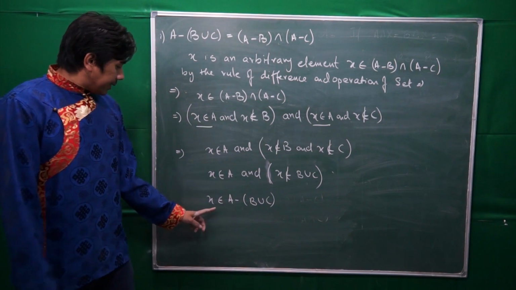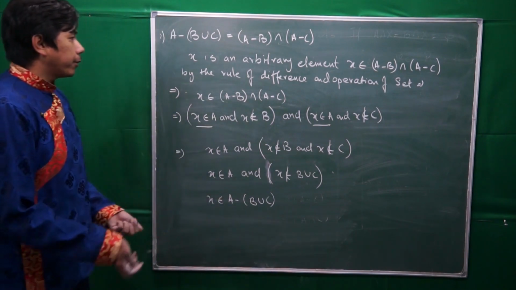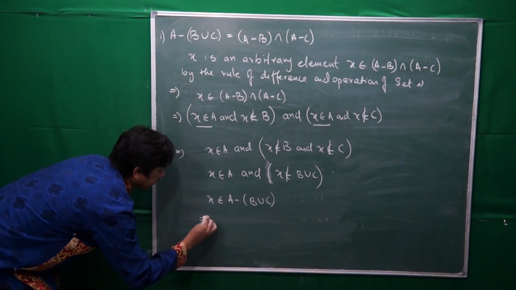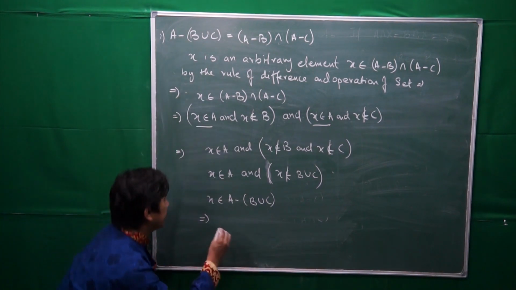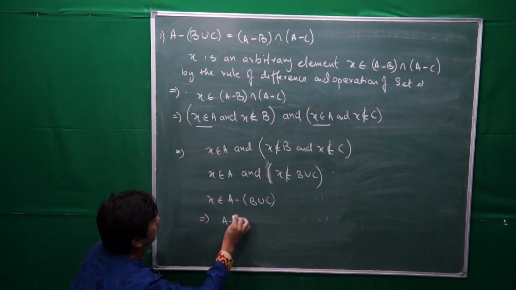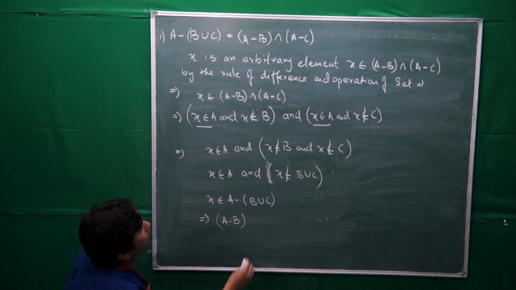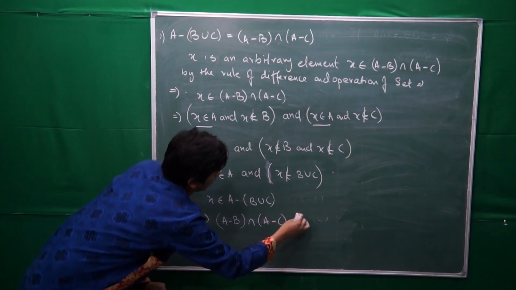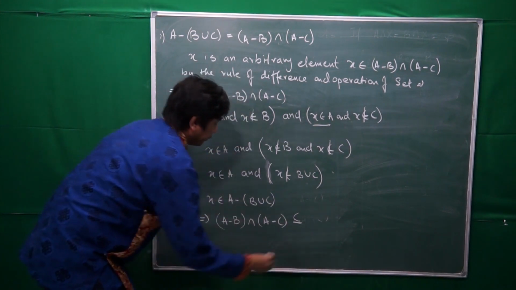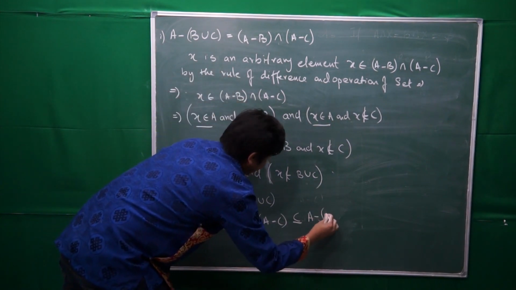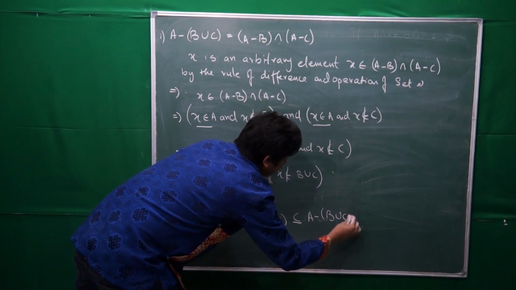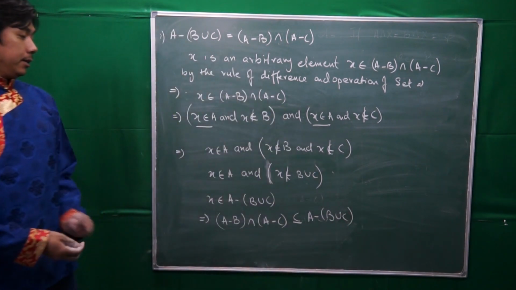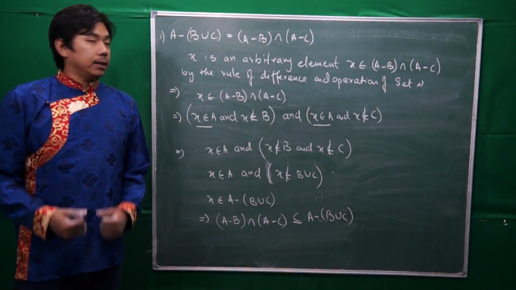Now since X is an element of this as well, therefore we can write that A minus B intersection with A minus C is a subset of A minus B union C. Clear?